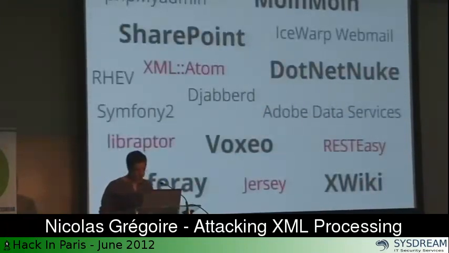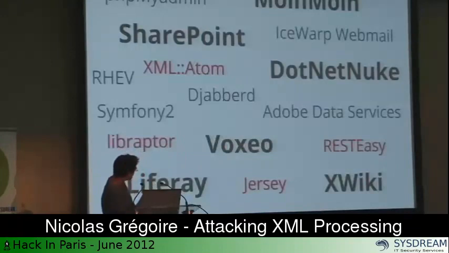So that's some published vulnerabilities. XXE vulnerabilities published since last year. In bold, it's vulnerabilities I found myself, and in red, it's vulnerabilities in libraries, which could impact a lot of different applications. So you can have some very funny things.